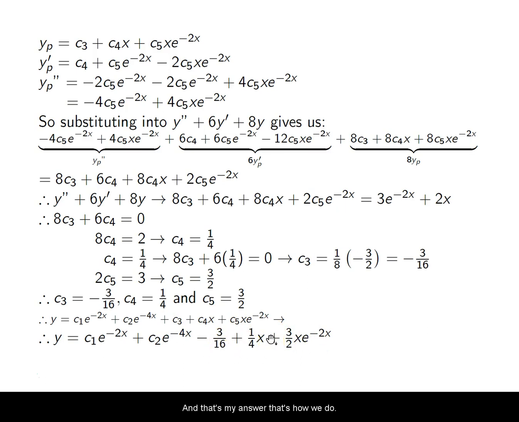And that's my answer. That's how we do the annihilator approach. So the last 3/4 of it, only 1/4 of this is different, which is that differential operator. The rest of this is identical to the superposition approach.